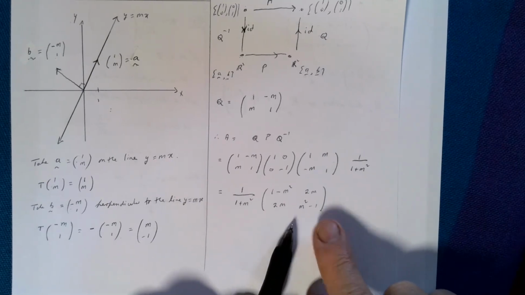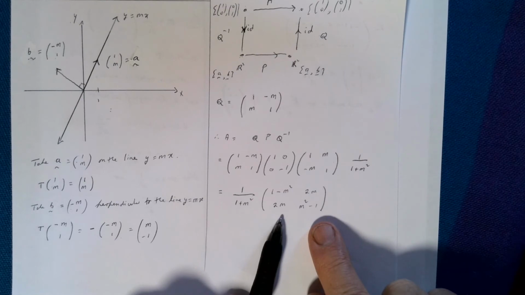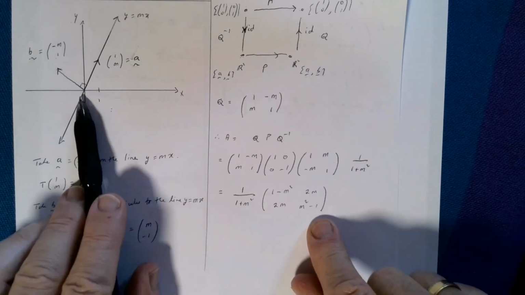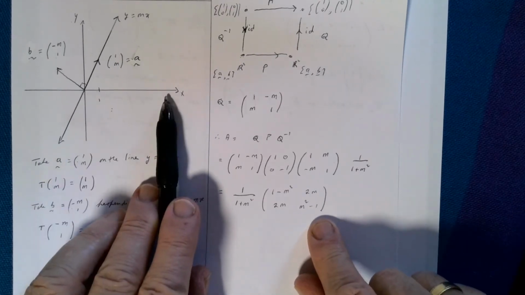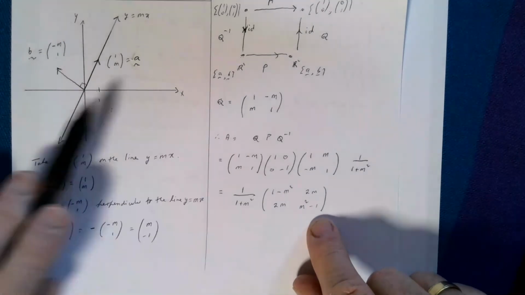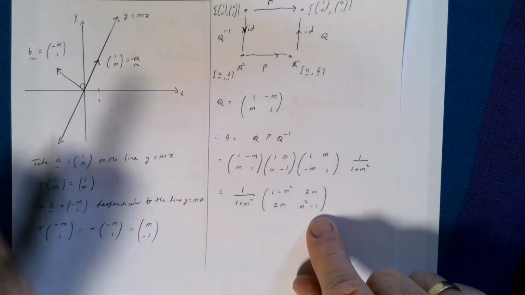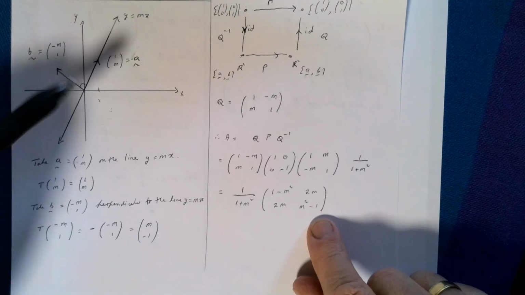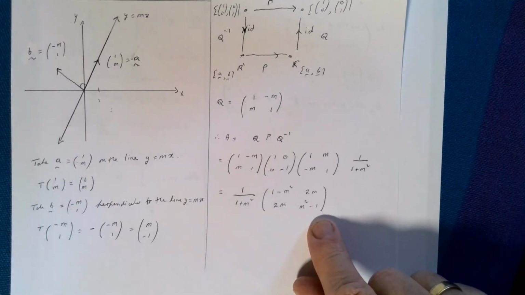And you can easily check this, putting m to be 0, special case, so it's reflecting about the x-axis. You can put m equal to 1, so you can see what it's doing about the line y equals x, and so on, and you can check that it all works and makes sense.